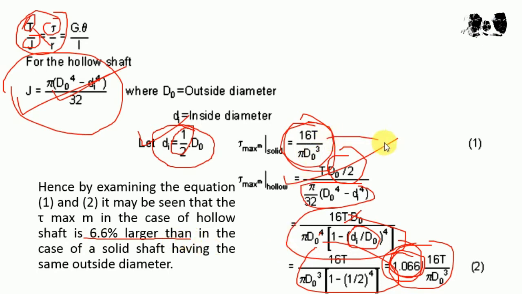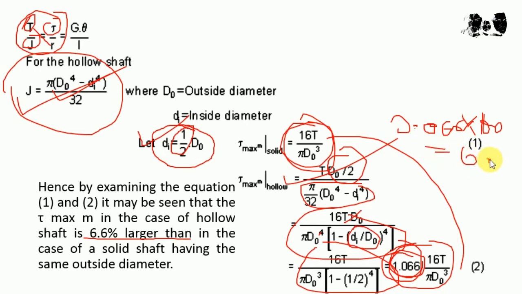Simply deduct these two, we have a value of 0.066, and simply by multiplying by 100, we have 6.66. This is the percentage increase from solid shaft to hollow shaft. This is the comparison based on the shear stress value of solid shaft and hollow shaft.